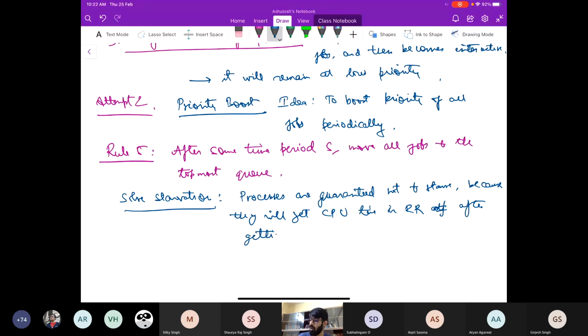Is that clear that this solves the starvation problem? Any question about this?